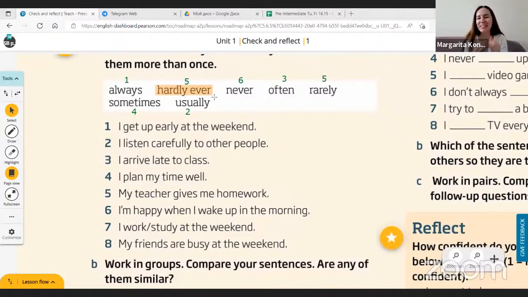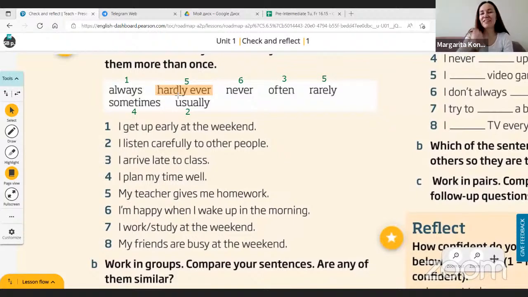Where do I use it in a sentence? Can you say this sentence with hardly ever? I get up hardly ever at the weekend. Do you agree? Или это в конце будет? That's a good question.